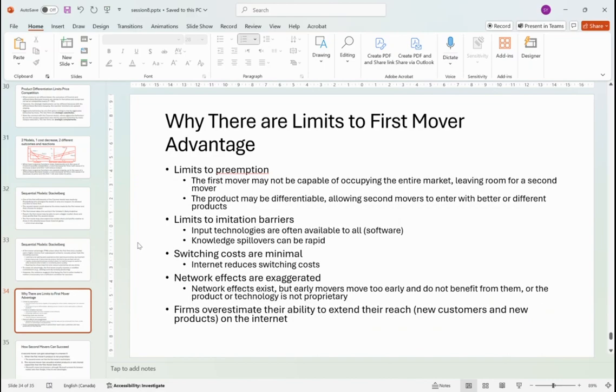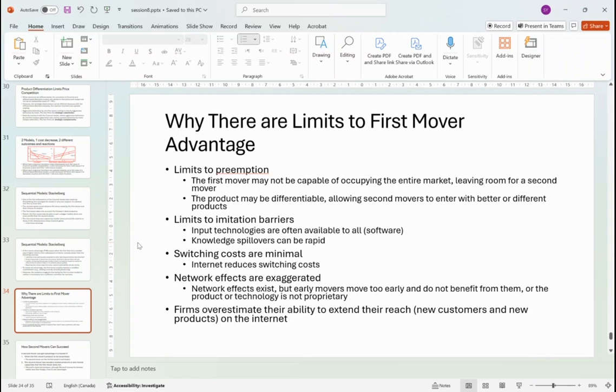Or sometimes network effects are not as important as the first firm expected, right? Maybe sometimes the network effect exists, but the first mover is moving too early to take advantage of it. Compared to 20 years ago, maybe the network effect wasn't as important as it is today, because not everyone had access to smartphones and the internet.